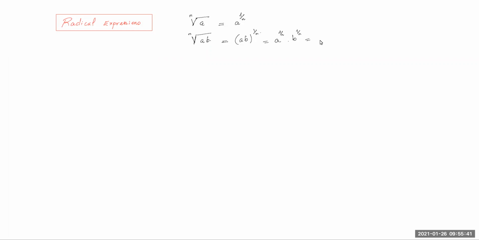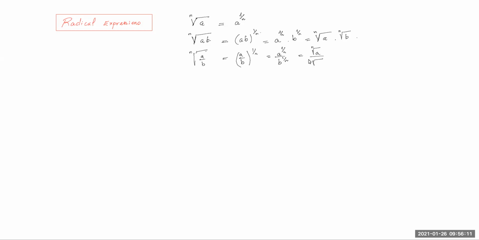Then if you need to use radicals, you come back to the definition. We have also another expression, for example, of the ratio. So it will be a over b to the power 1/n, which is then a power 1/n over b power 1/n, etc.